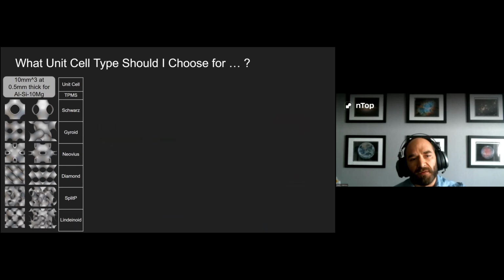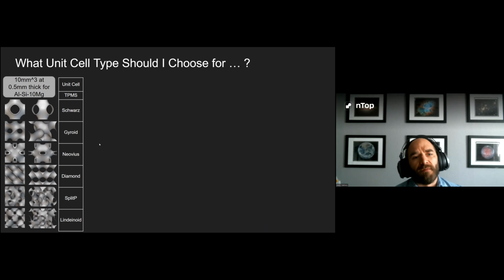So we're really just focused on TPMS unit cells. We can make some generic assumptions and look at the physical characteristics of these across the board. So let's assume that we have a 10 millimeter cubic unit cell, and either because of burst pressure requirements or maybe minimum feature size on our printer, we have 0.5 millimeter thickness, and we're going to print out of an aluminum powder.